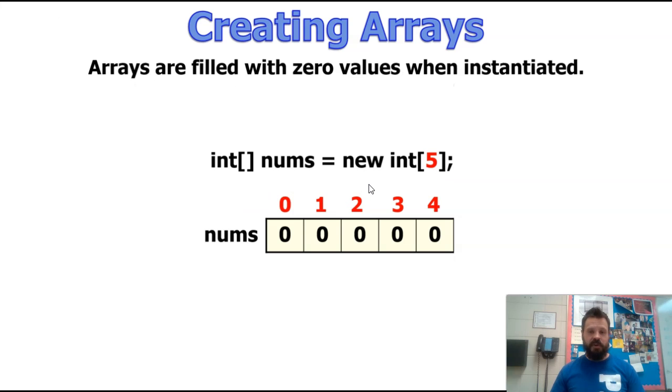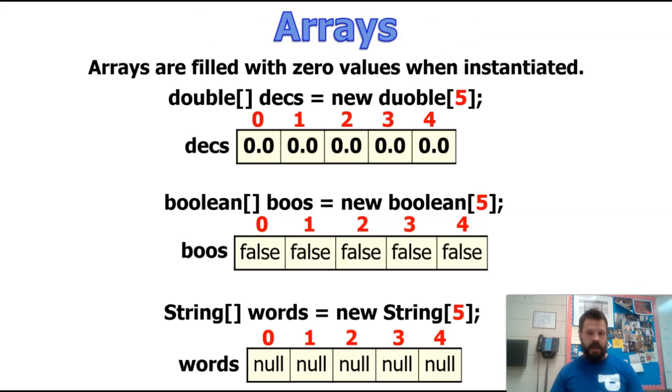Now, when I call this array constructor, when I do new int[5], arrays are always going to start out filled with zero values when they're instantiated. Notice my nums array here starts off with all zeros in it. We'd say that 0 is the zero value for an int. If I create different arrays with different data types, such as a double array, boolean array, or string array, the values will be filled with that data type's zero value.